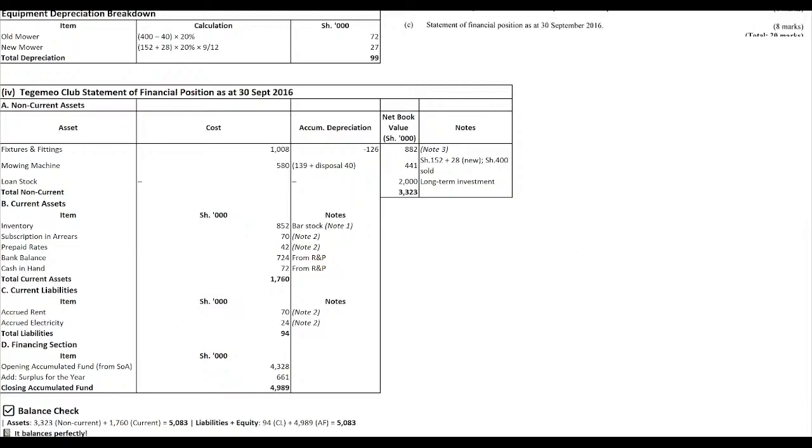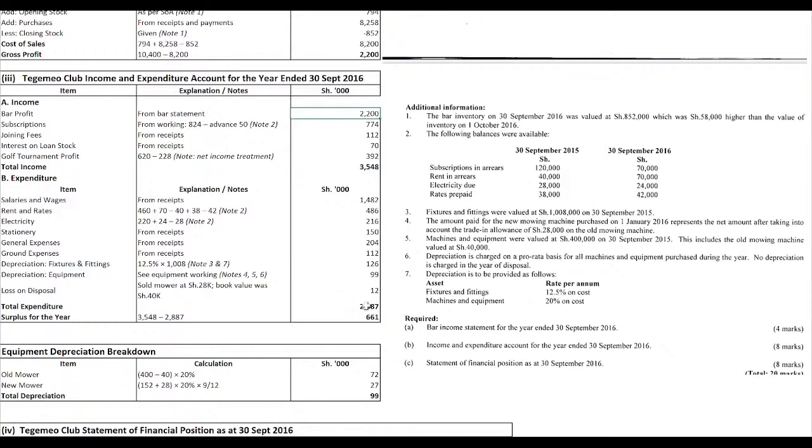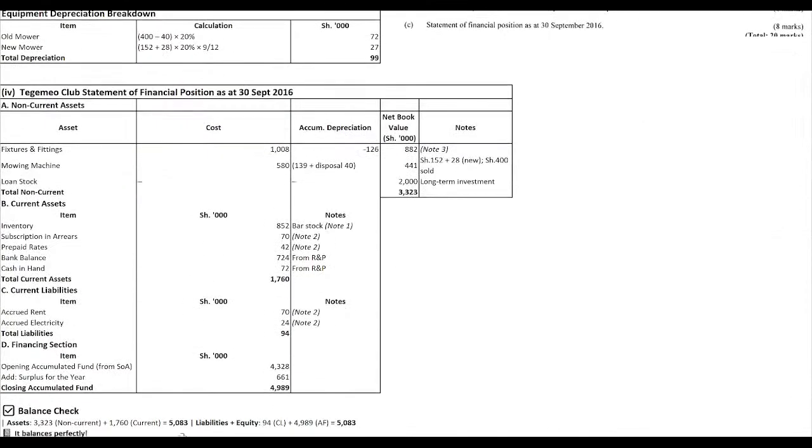Then the surplus, we have to get that from income and expenditure, which is 661. So the total closing accumulated fund will be 4989. So when you add the current liabilities, which is 94, you get 5083. So it is perfectly balanced.